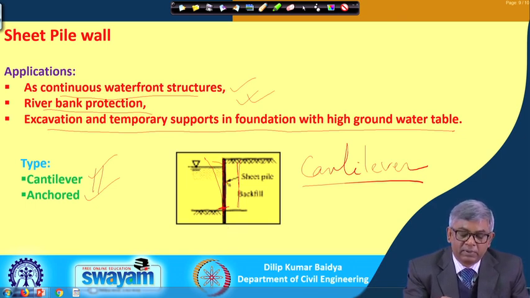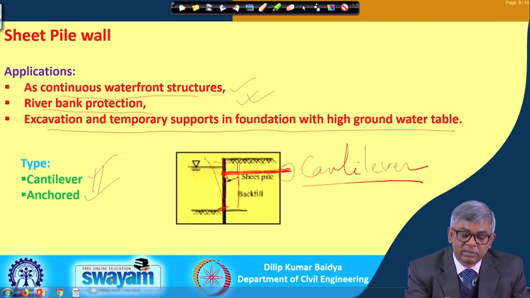If the deformation due to this high excavation is too large, then to reduce the deformation, somewhere in between there will be an anchor, and it will go inside, and this anchoring can be done in different ways. If this type of connection is given, then that is called an anchored sheet pile wall, and its purpose is to reduce the deformation.